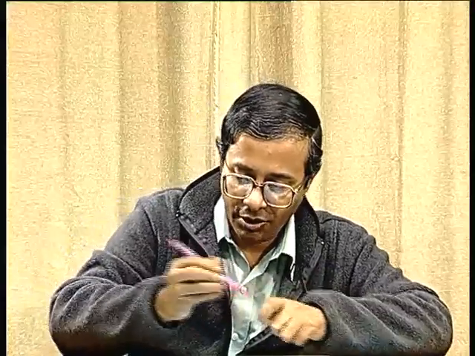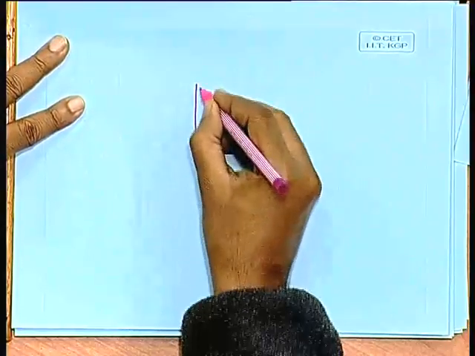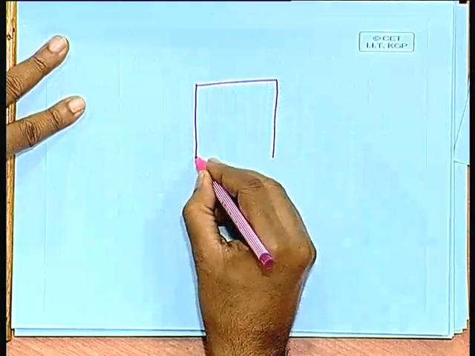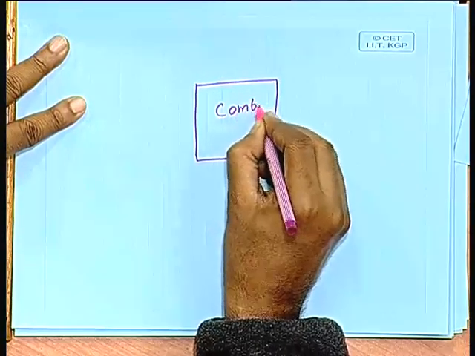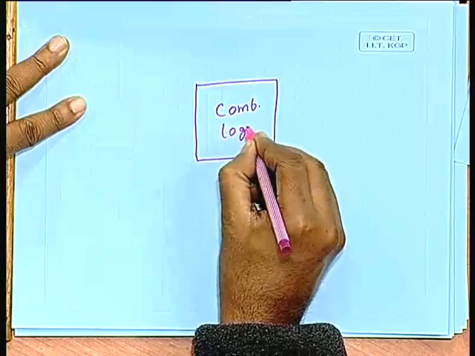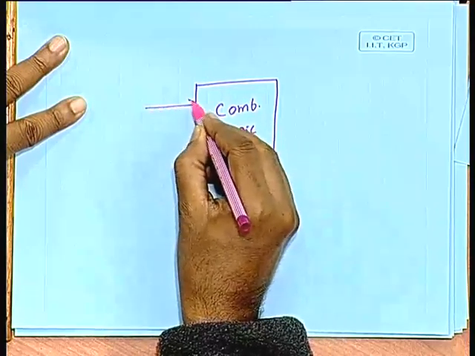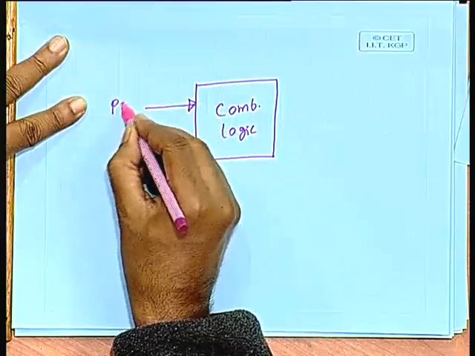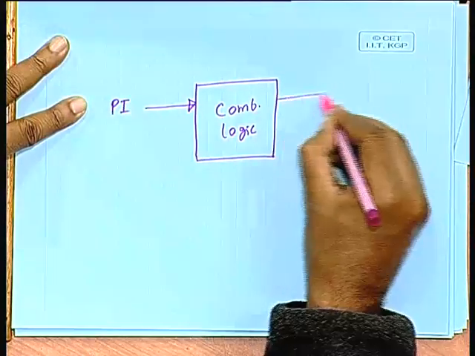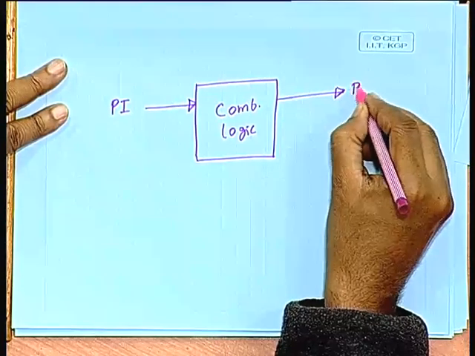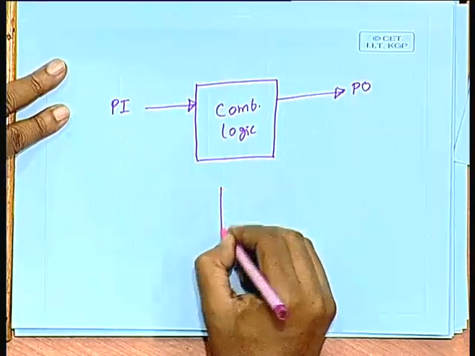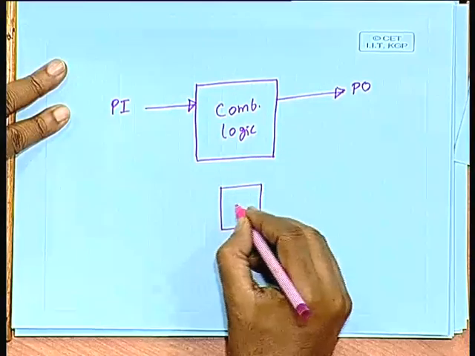In the model of a sequential circuit, well, I am drawing it in a slightly different way. You have a combinational part, this is the combinational logic, this is your primary input, this is the primary output, and you have some state variables here.